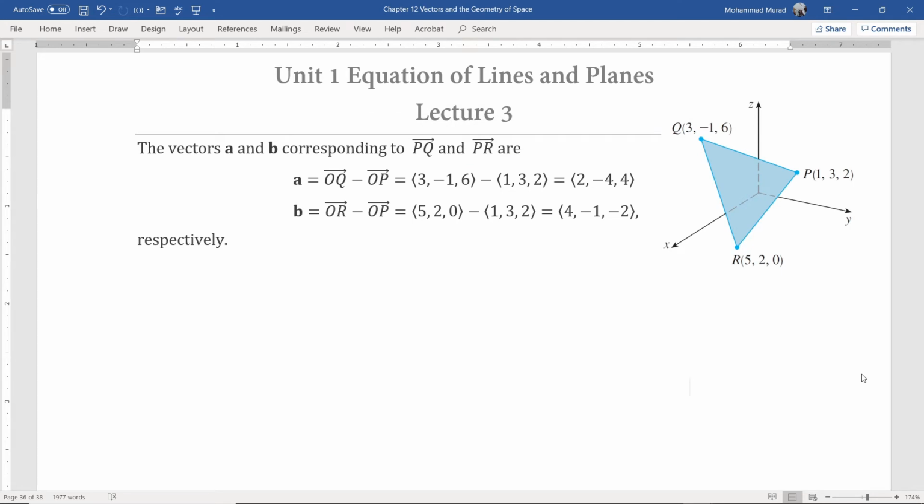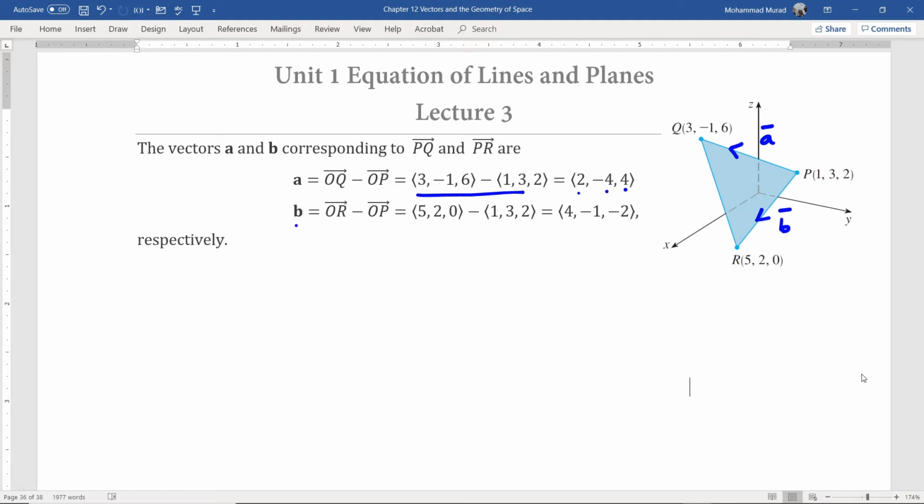The vectors A and B corresponding to PQ and PR are: A equals OQ minus OP, which is the difference between these two vectors, with components 2, negative 4, 4.